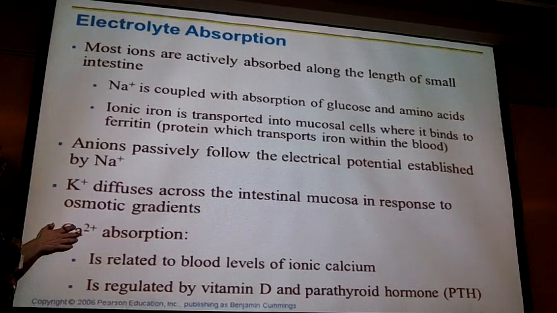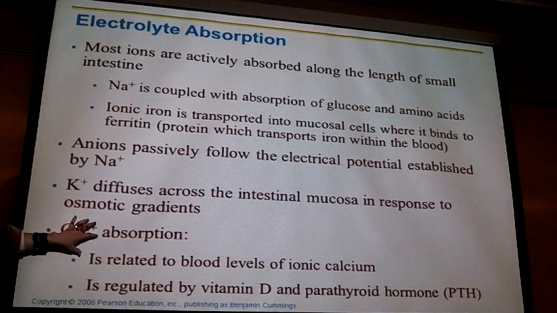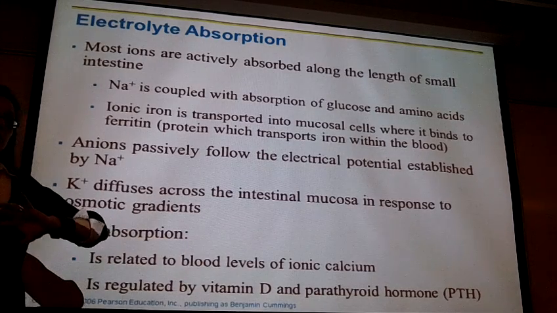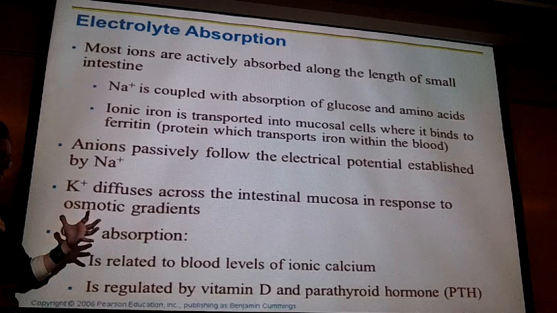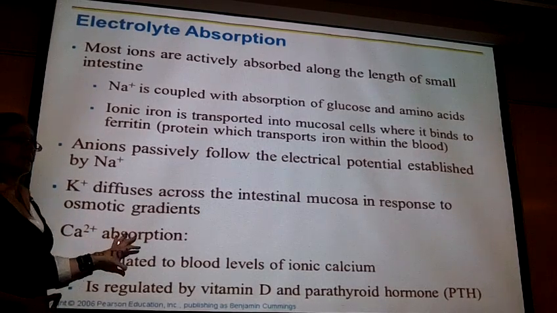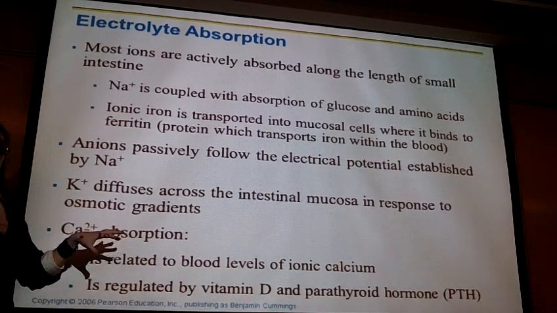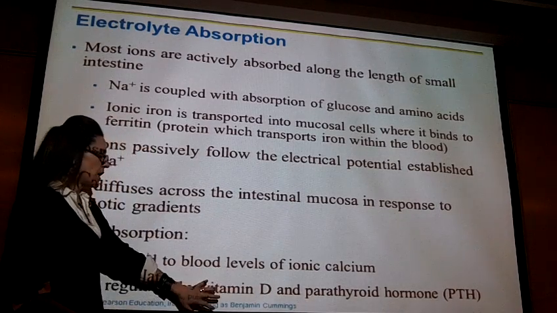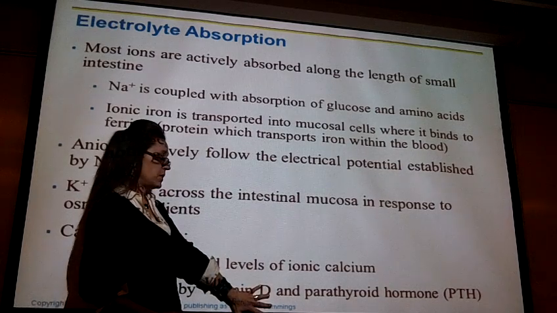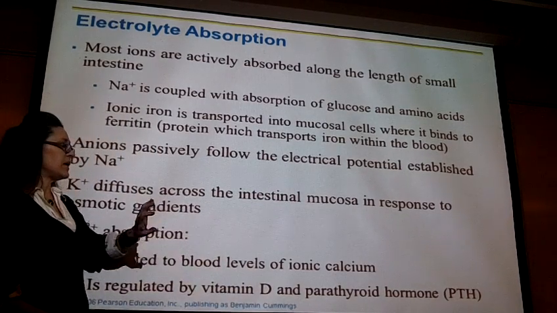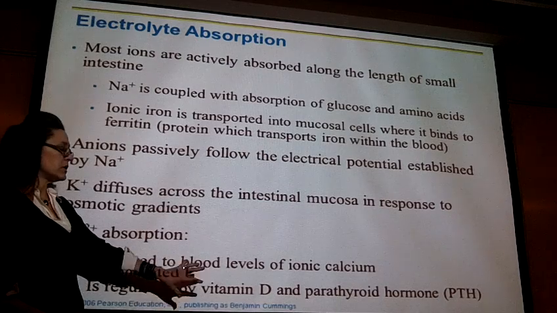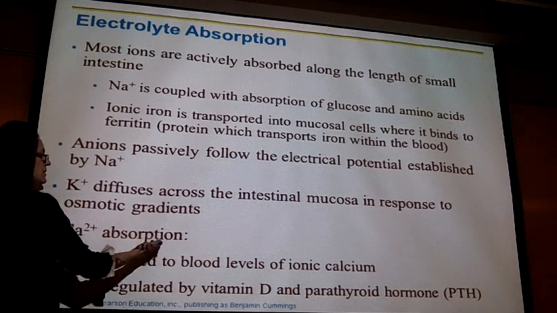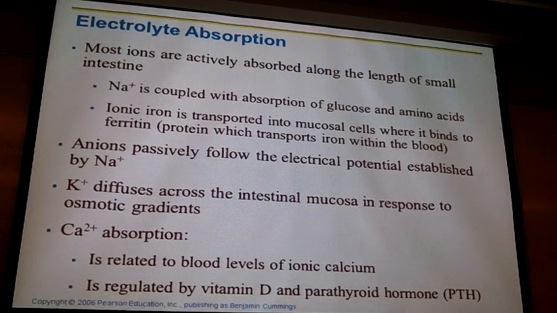If we don't have vitamin D present, then those calcium transporters are not going to work as efficiently. So this is how, we've mentioned this several times, PTH is going to influence calcium absorption, because PTH will go to the kidneys and cause more vitamin D to be produced. Vitamin D then will go through the bloodstream to the small intestine, to the GI tract, and cause an increase in calcium absorption.